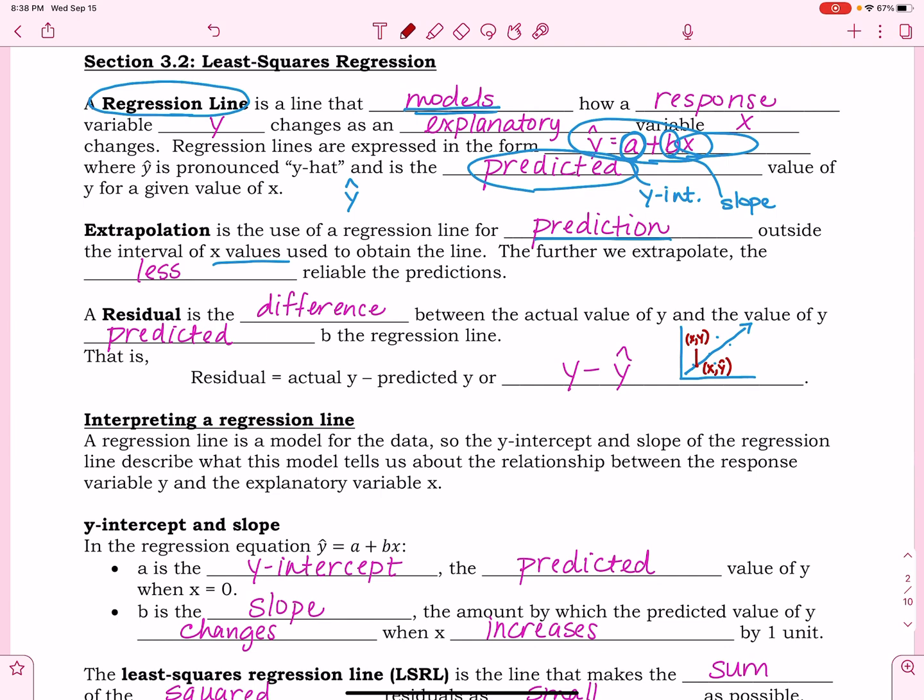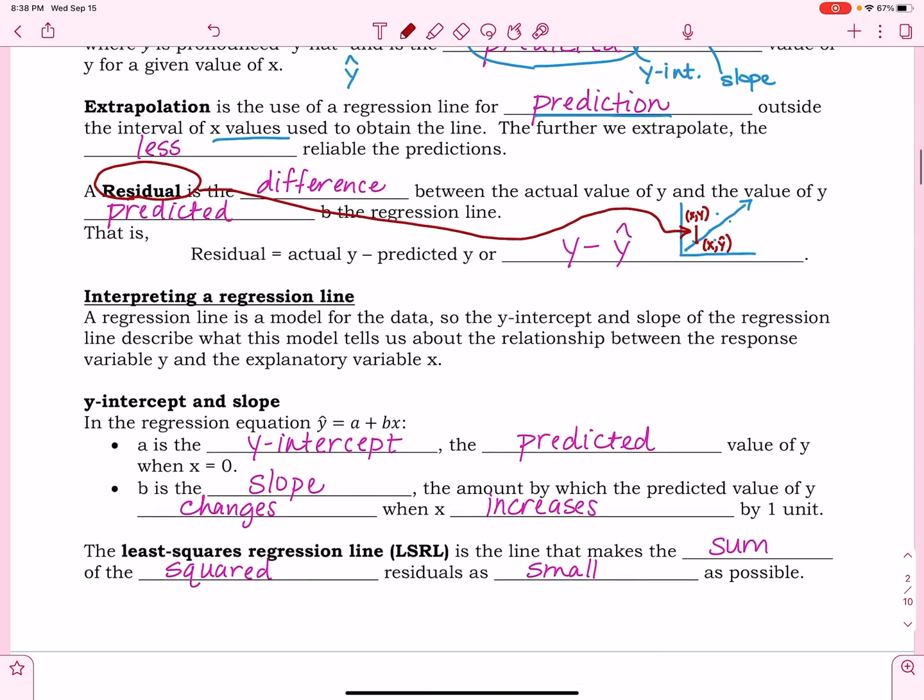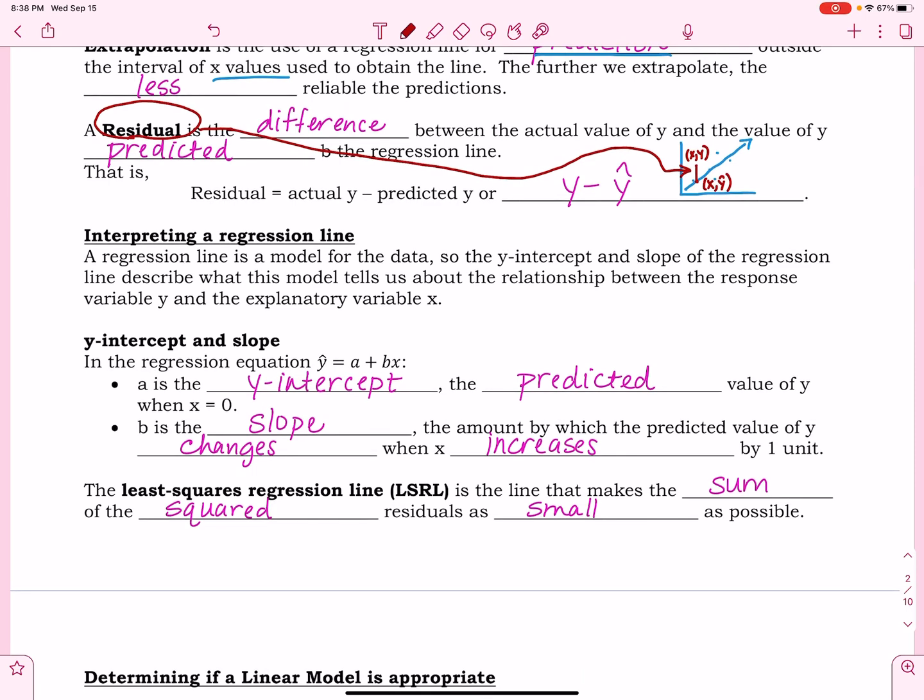So this is what your residual is right here, that distance between your actual y and your predicted y. If you ever have trouble remembering if it's actual minus predicted, which students often struggle with: actual, a big A, predicted, a big P, you're in AP. See, actual minus predicted, you're welcome.